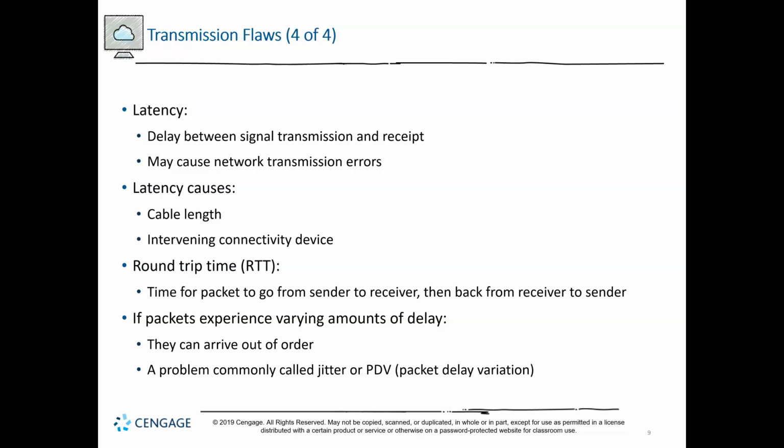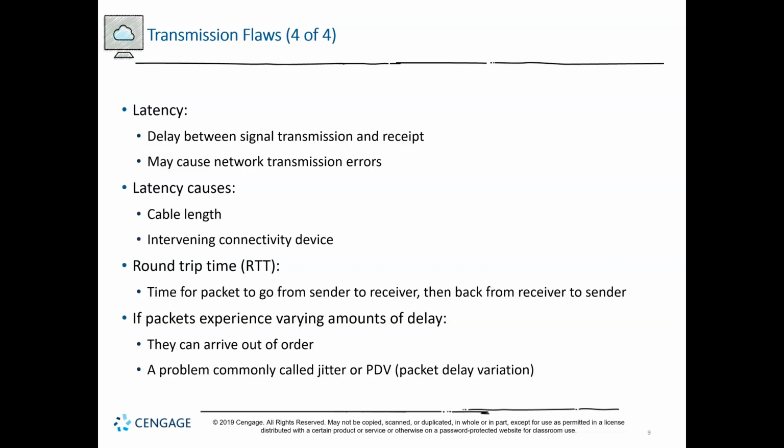So when I say we have latency, it's that delay between when we send something and when it gets there. If that latency is long enough, then it may cause errors for us. One of the things we have to remember is how fast is that signal being sent on that wire? Is it the speed of light? Is it slower? Can we figure out what that speed is?